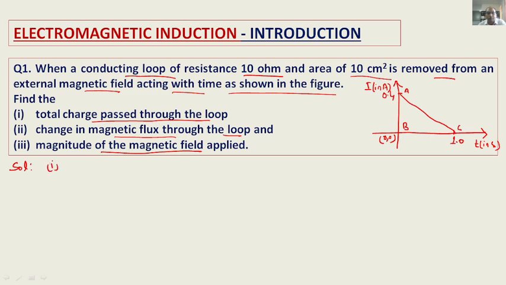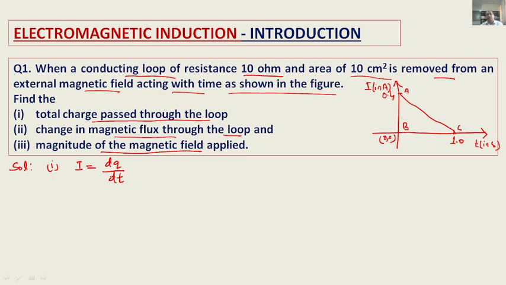So first one, total charge passed through the loop. So we know that the relation of a current, that is called I, is dq by dt, right?